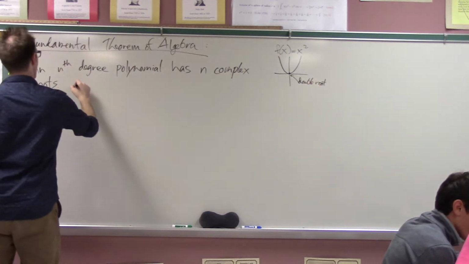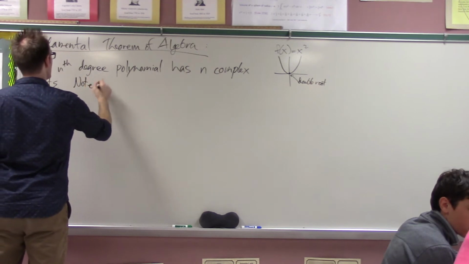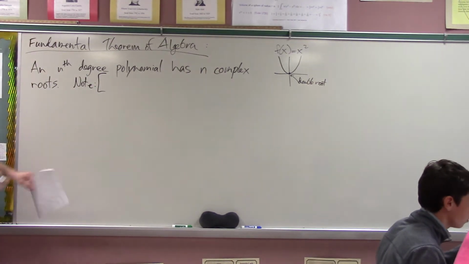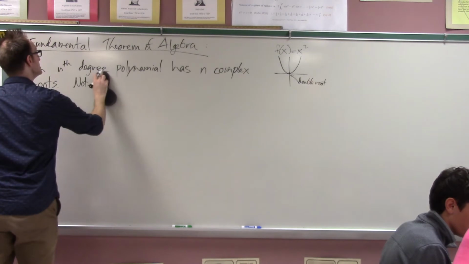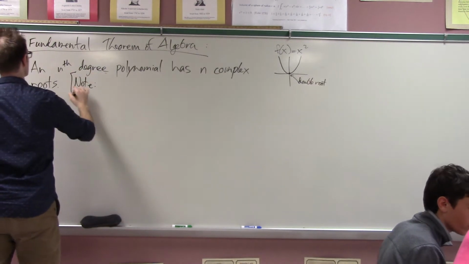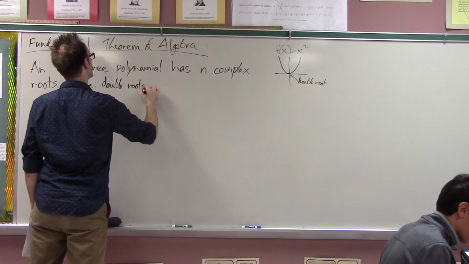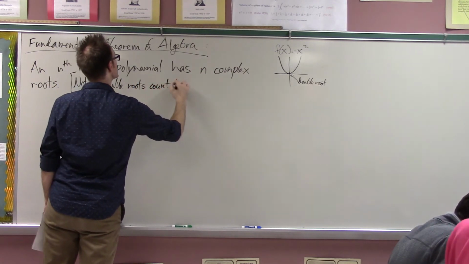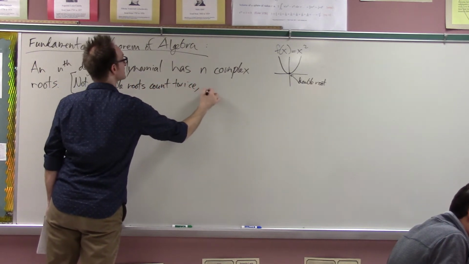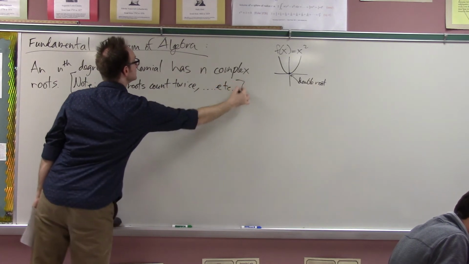Note, in order for this to be true, double roots have to count twice. So double roots count twice, and triple roots, etc. Can we just say n roots count? Sure, yep.